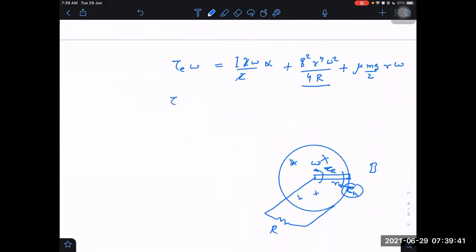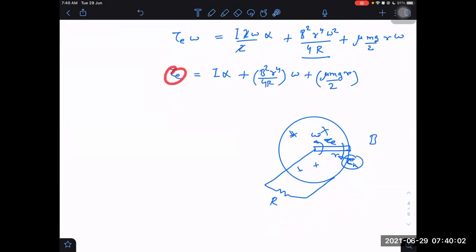Then we are getting torque external is equal to I into alpha plus this B squared r squared over 4 upon 4r into omega plus mu mg into r by 2. That is it. That is external torque. Alpha is d omega by dt.